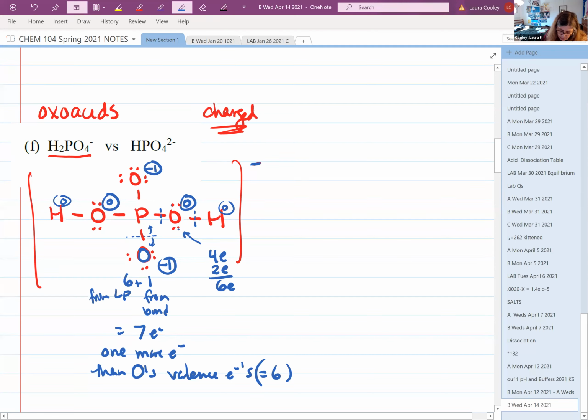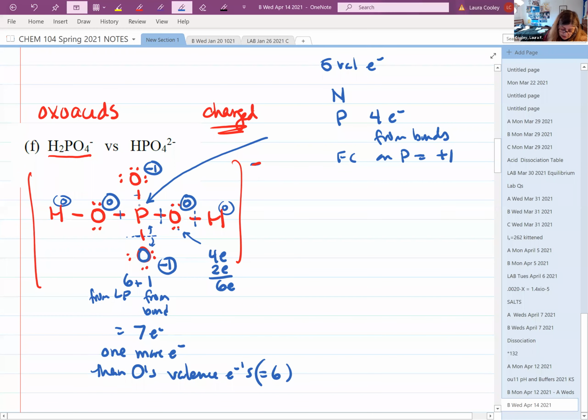But notice there's a -1 charge here. Now, if it was just like this, then it would be -2. But phosphorus, what is its formal charge? If you look at the periodic table, P is directly under nitrogen, which has 5 valence electrons. But if you divide these bonds in half, you only have 4 electrons on phosphorus from bonds. You don't have any lone pairs. So the formal charge on the phosphorus is +1.